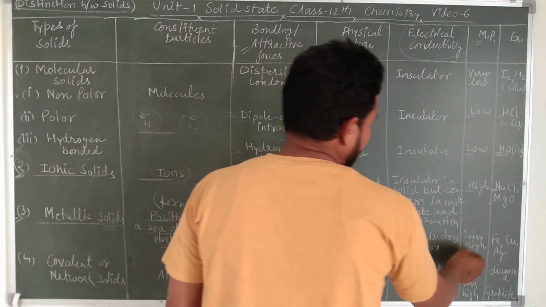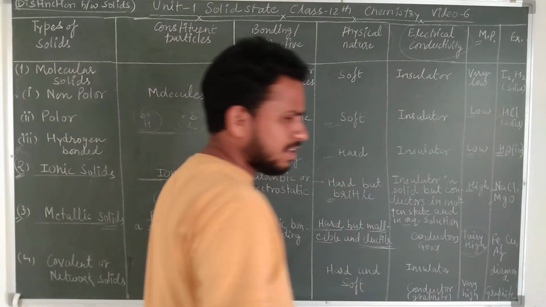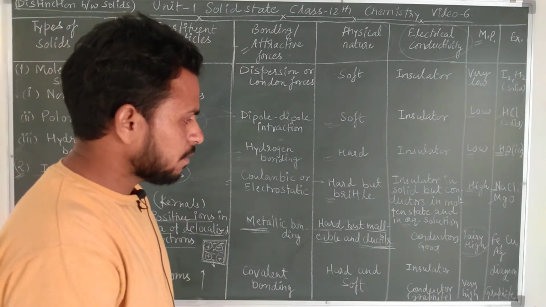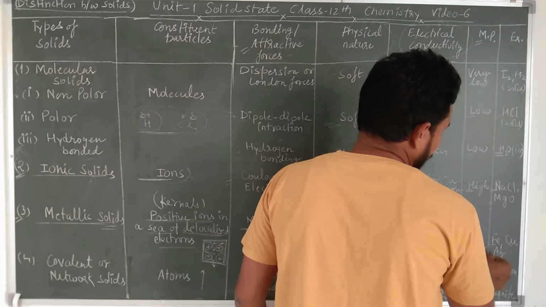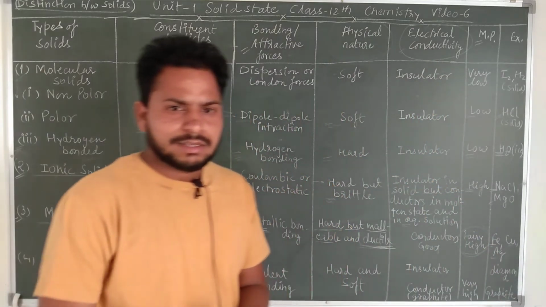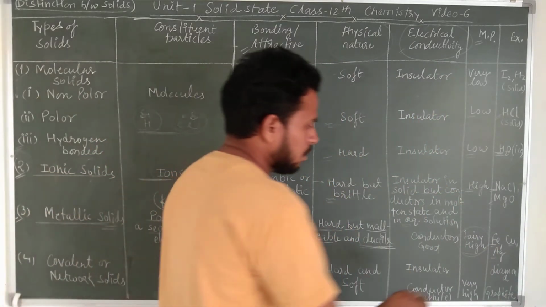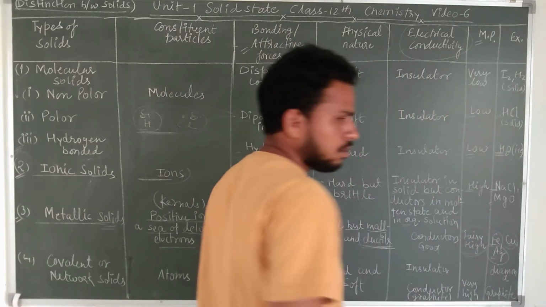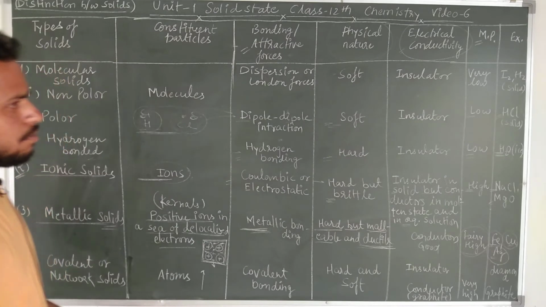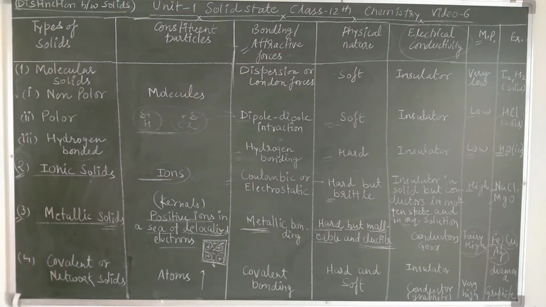And the melting point is high. For example, mostly all metals are conductors. Iron, copper and silver are examples of metallic solids.